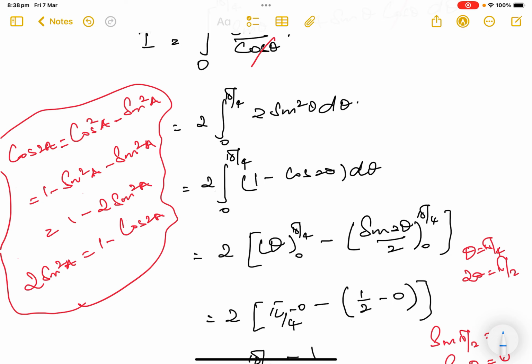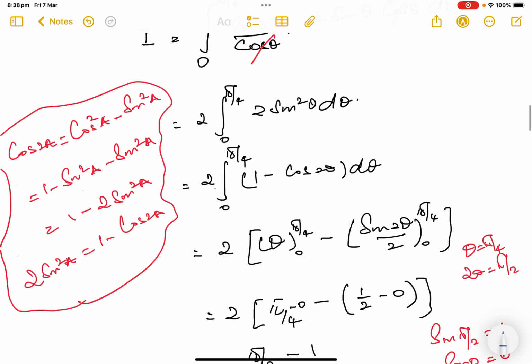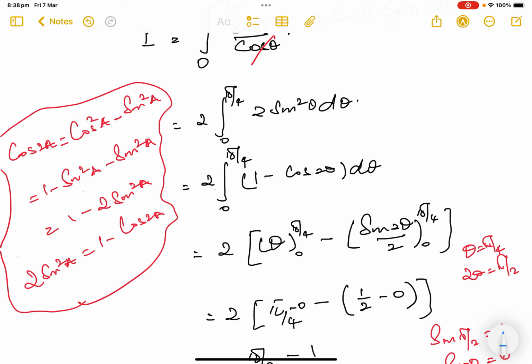Here, cos 2A equals cos squared A minus sine squared A. That is another trigonometric identity. We know cos squared theta plus sine squared theta equals 1, so cos squared theta equals 1 minus sine squared theta. So cos 2A is 1 minus 2 sine squared A. From that, 2 sine squared theta equals 1 minus cos 2A.